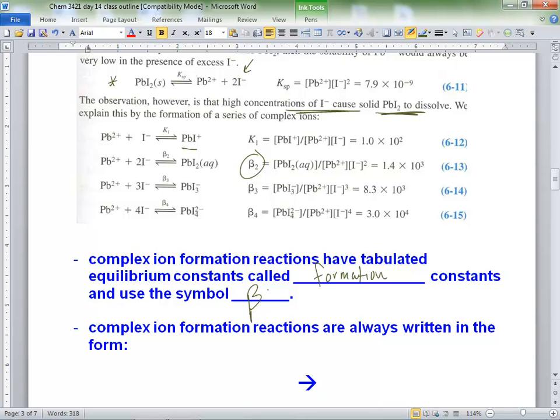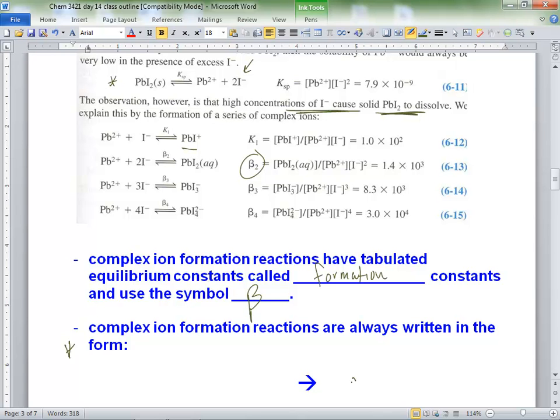Complex ion formation reactions are always written, now this is the important one, it's just like KSP. If you write that KSP reaction flipped around, you're done for. You can't even start. How do you write complex ion formation reactions? On what side does the complex ion go? Product. You're forming it. To me, the hint is formation constant, right? You're forming it.